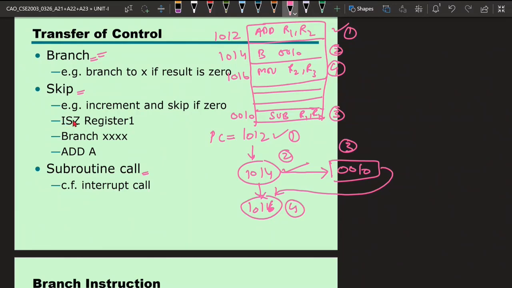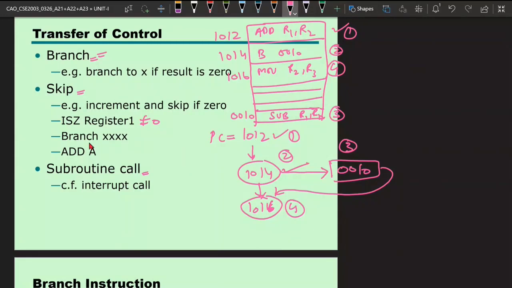ISZ stands for increase and skip when register 1 is 0. So when the register content is 0, then it will increase and then skip. If it is not satisfied, if it is not equal to 0, it will not be skipped; it will be moving to the next one.